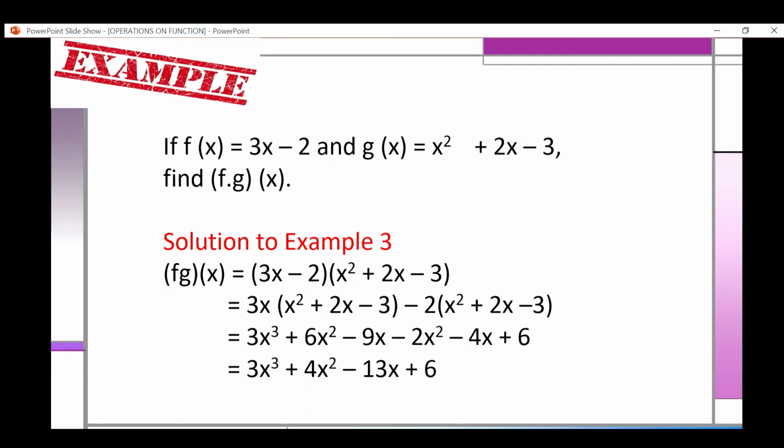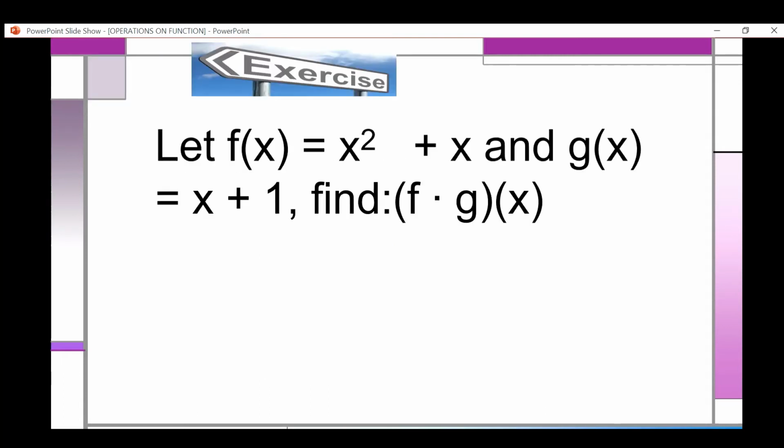Okay? So, naintindihan na ba natin yung multiplication ng function natin? So, try nga natin to. So, let f of x be equal to x squared plus x and g of x equals x plus 1. Find f times g of x.